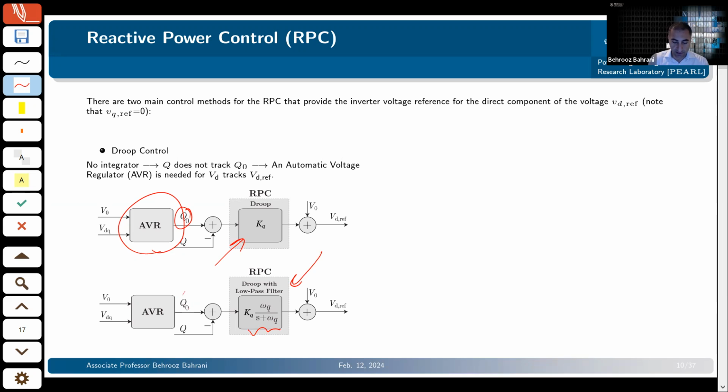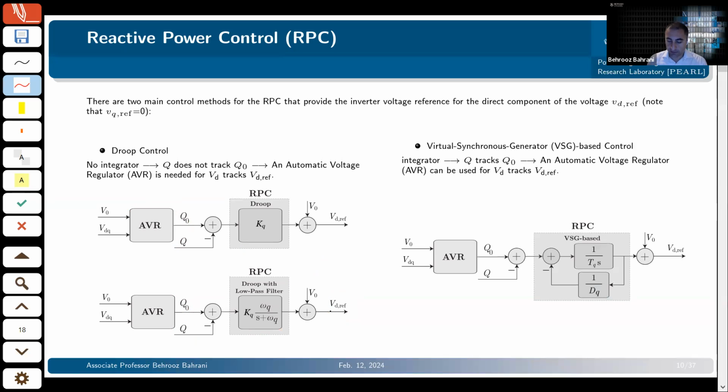Again, the AVR will give us a set point for power. We calculate the power of the inverter, and using an RPC with a low pass filter, we can come up with the magnitude of the voltage, or the component of the voltage. It could be realized with a VSG type controller, but less common.